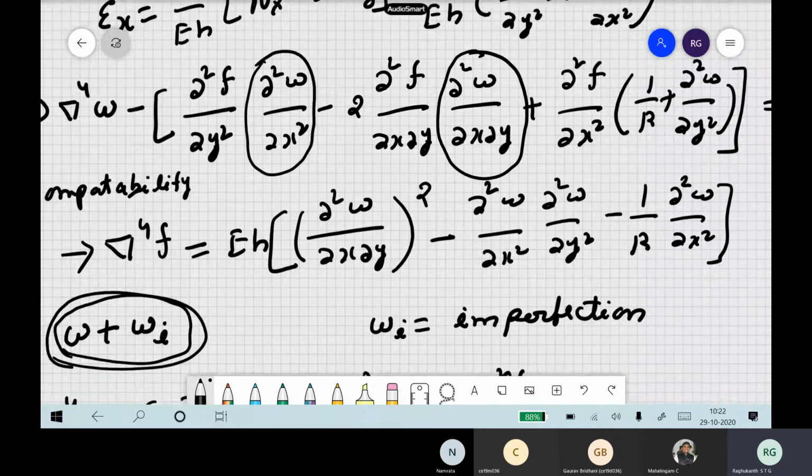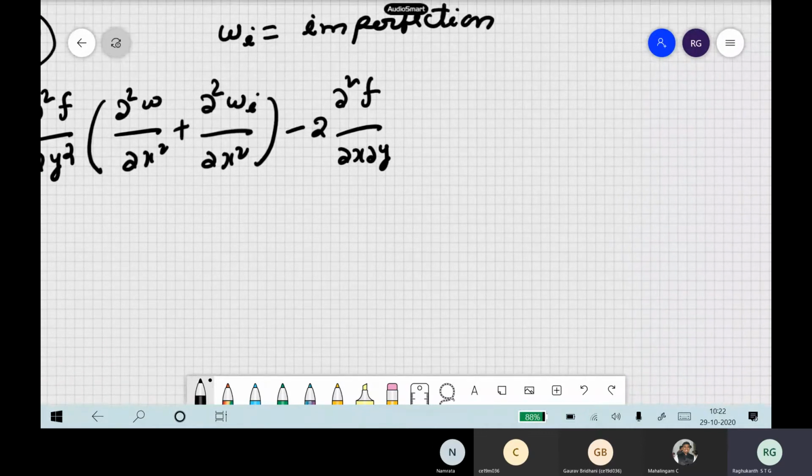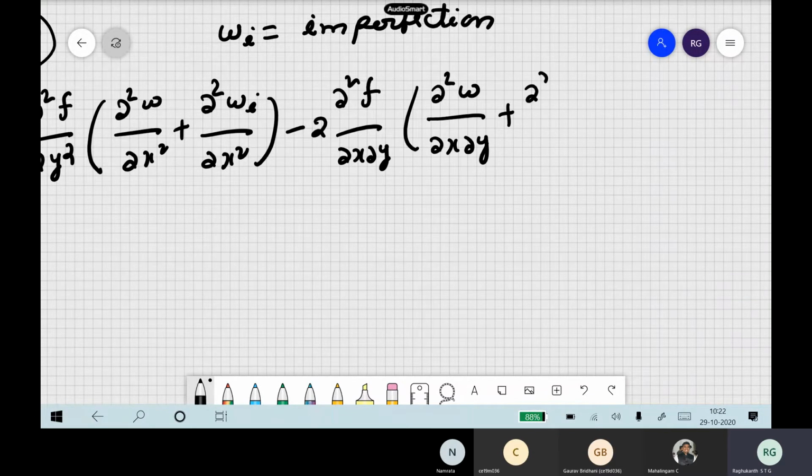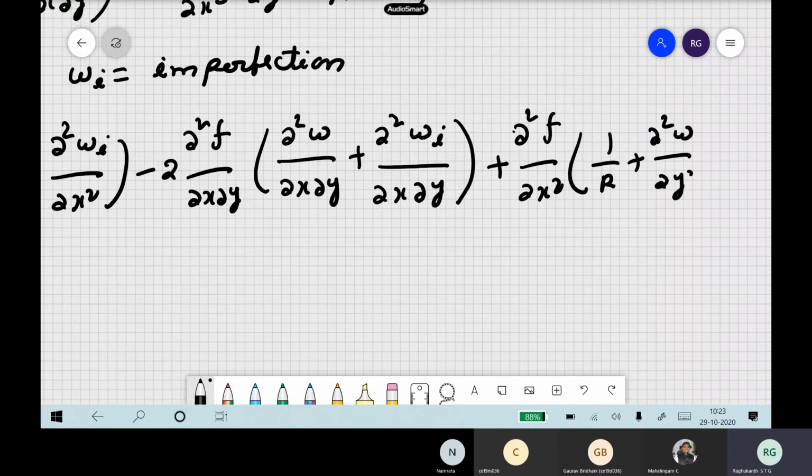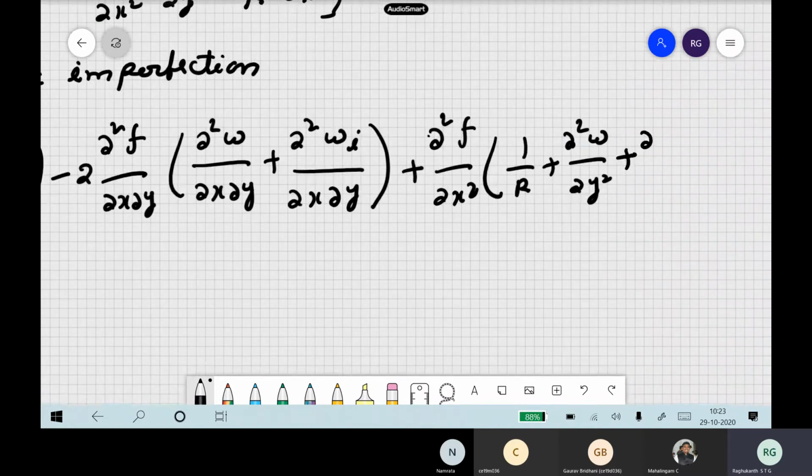So this becomes ∂²w/∂x² plus ∂²wi/∂x². Similarly, minus 2 times ∂²f/∂x∂y, and now we have ∂²w/∂x∂y. Since w is w plus wi, two terms will be there here, ∂²w/∂x∂y and ∂²wi/∂x∂y. Similarly, you substitute the other one also. So we get ∂²f/∂x², times 1/r plus ∂²w/∂y² plus ∂²wi/∂y², is equal to p.